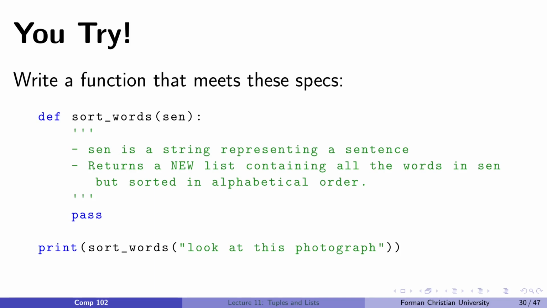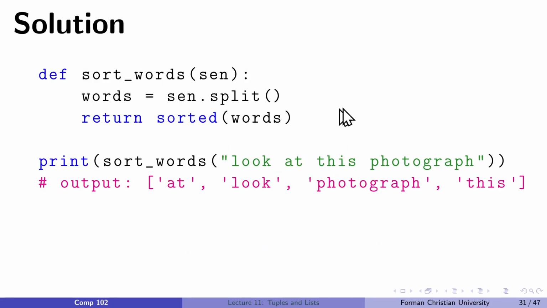So for example, if sort_words took a sentence "look at this photograph", then it should return "at", "look", "photograph", and "this" in increasing sorted order. Pause this video and see if you can do that. The hint is that you first need to break the sentence into pieces, and then you sort those pieces in order. All right, so this is a solution.